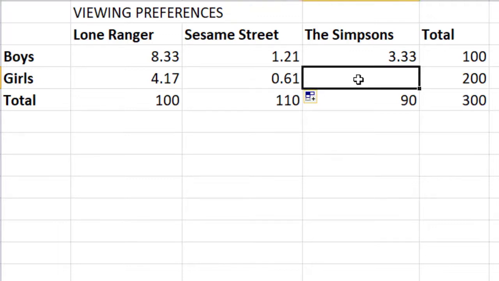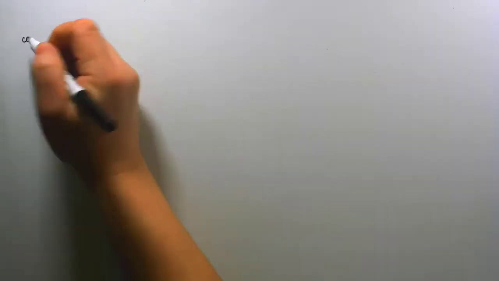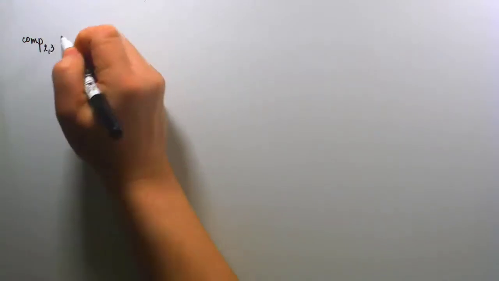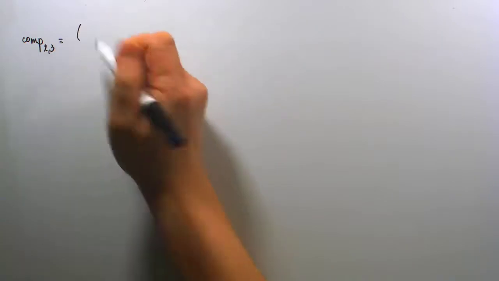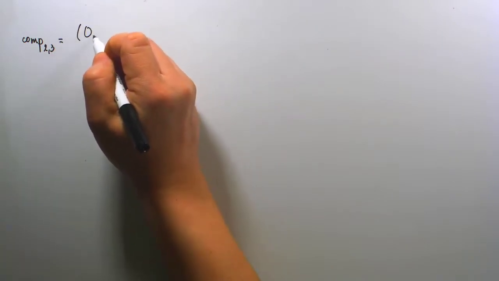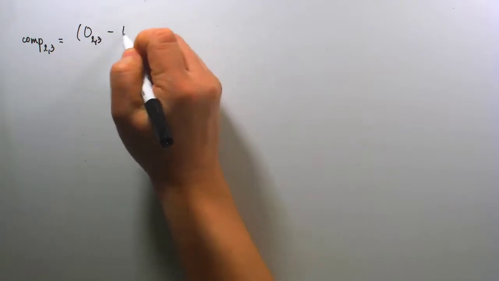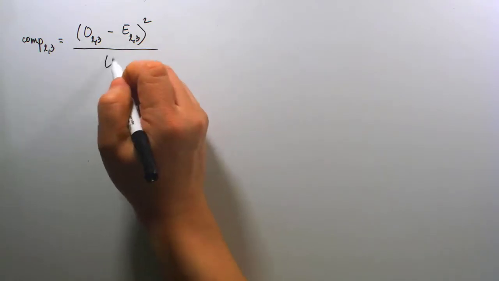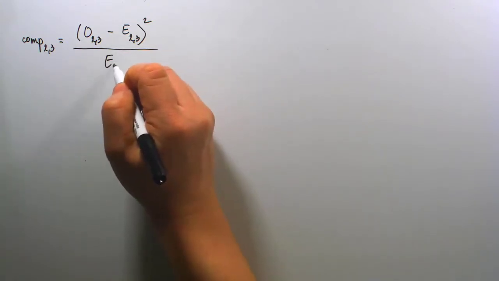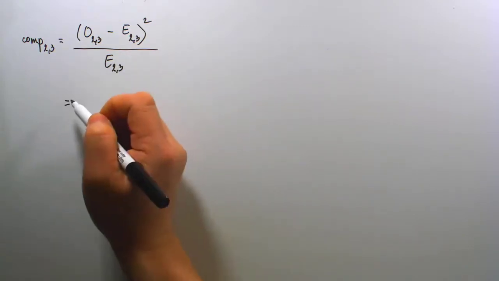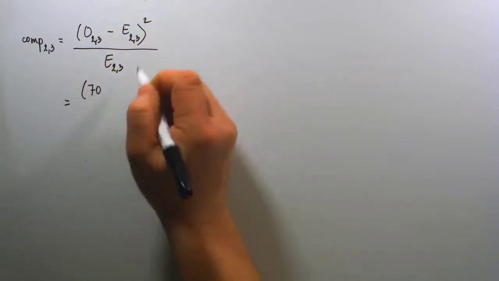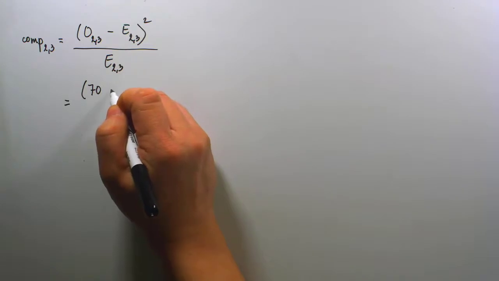And now we're moving on to the last component value, the component value for row 2, column 3. I'm going to take the observed count in row 2, column 3, subtract the expected count in row 2, column 3, square the difference, and divide it by the expected count in row 2, column 3. As far as the actual values, the observed count in row 2, column 3 was 70, and the expected count here was 60.